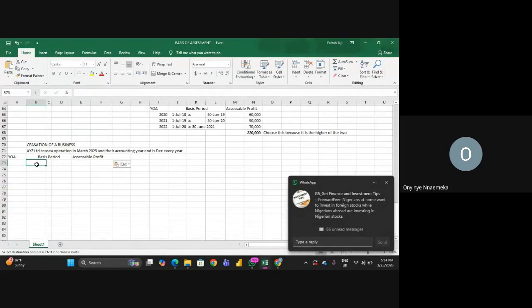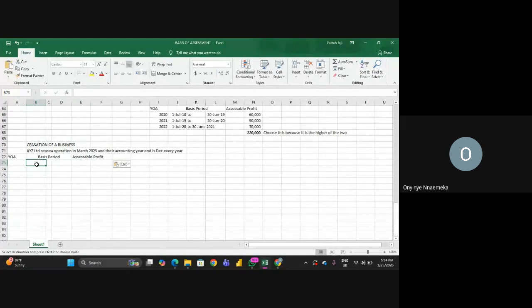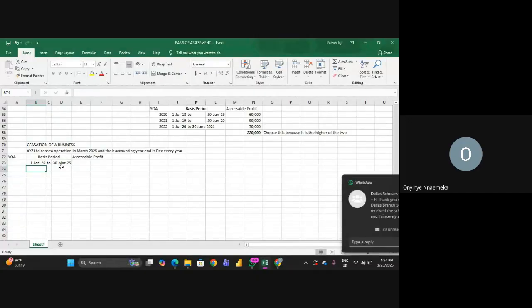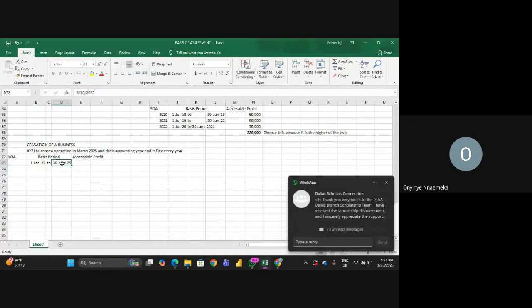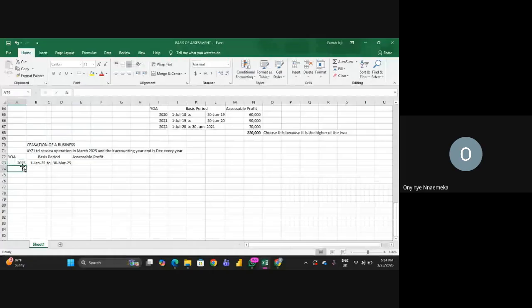Now the rule says from the beginning of the accounting year, if December is the end of the accounting year, the beginning is January 2025 to 30 March 2025. Now, if you count 6 months after March, I think we're still going to be like August, right? So it means that our year of assessment is still going to be 2025 year of assessment. I think we are okay with this.